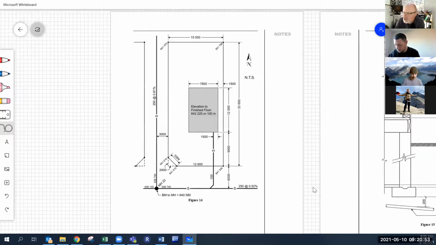So the question again says, what is the actual invert elevation of the sewer main where the building sewer connects to it? So where's our building sewer here? Right here is where our building sewer is. And we want the actual invert elevation of the sewer main. So we want this elevation here. I think that's what they're asking for.